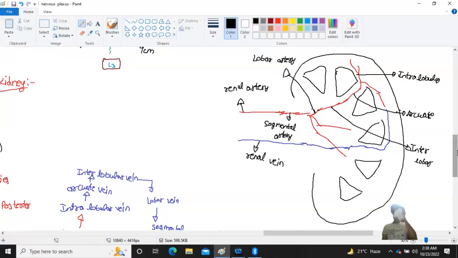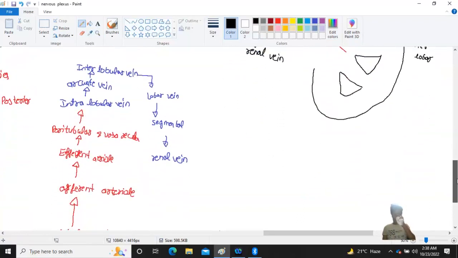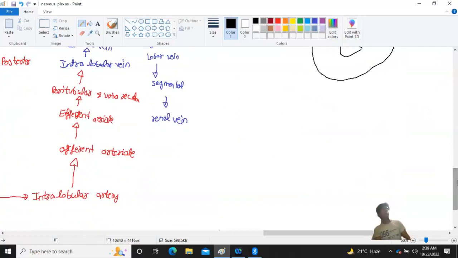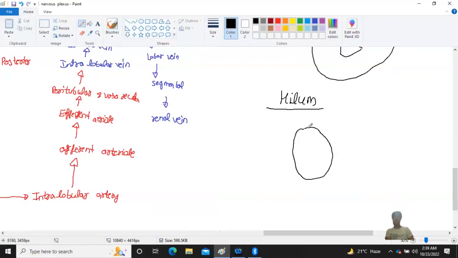Now come to the structures of the hilum. In the hilum, there are many important orientations of the structures. The orientation of the hilum is like this, anterior to posterior. Let's say this is the hilum portion. Anterior most, there is a vein called the renal vein, obviously.